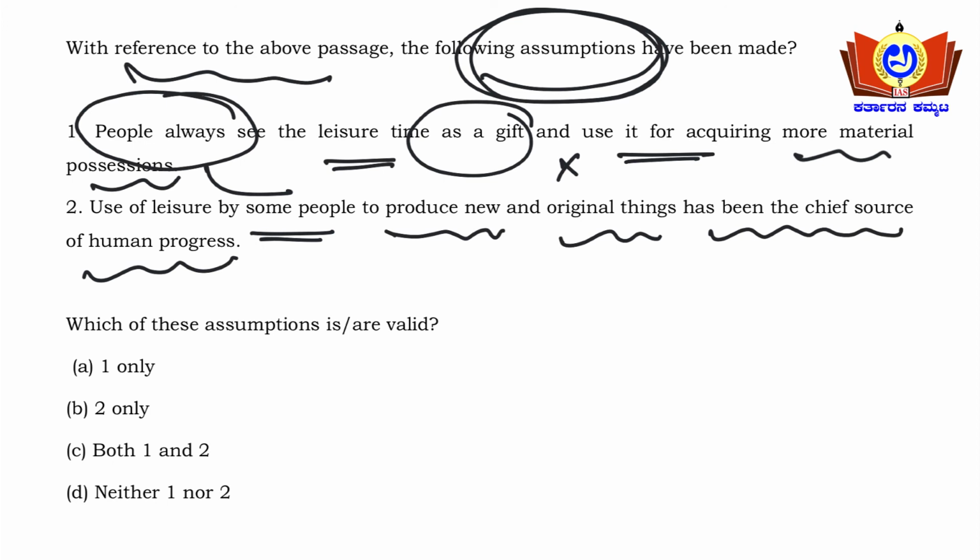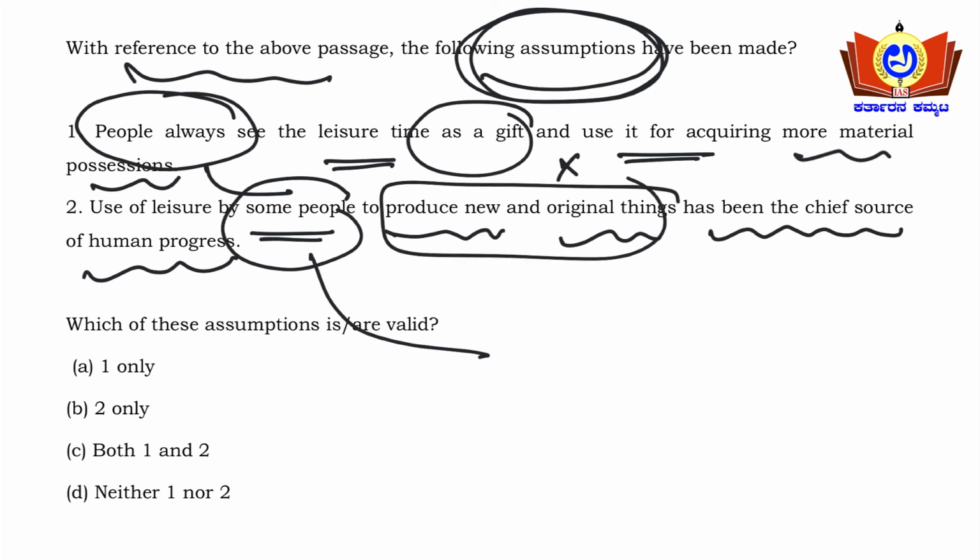They are using their leisure time creatively, a minority section in society, and it has been the mainspring of all human progress. So use of leisure by some people to produce new and original things, yes, this can be assumed. If leisure can be used creatively, then only new or original things can be produced.